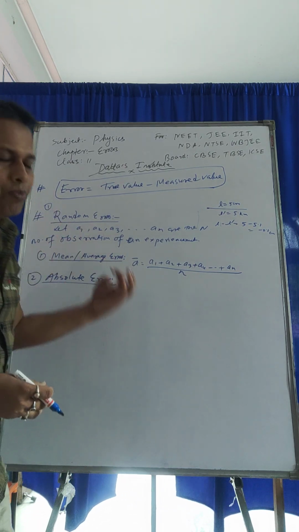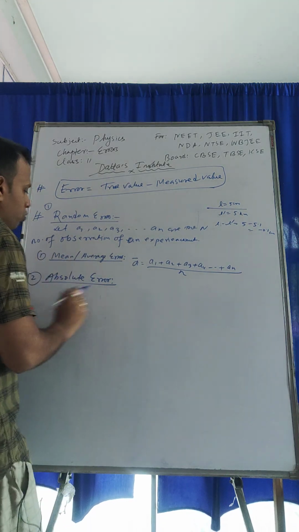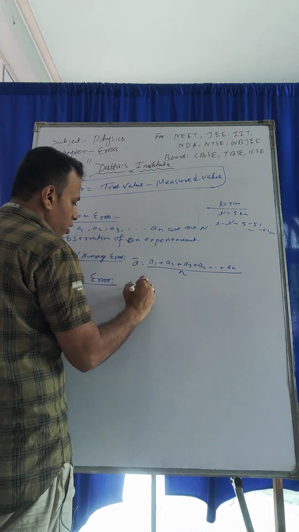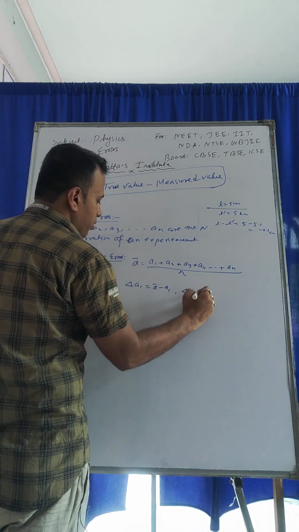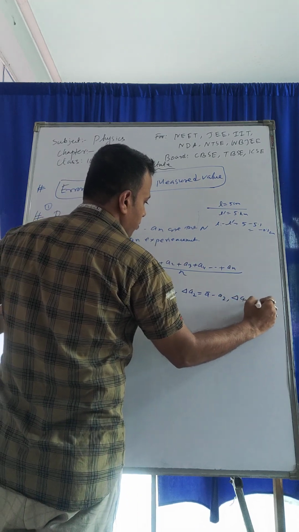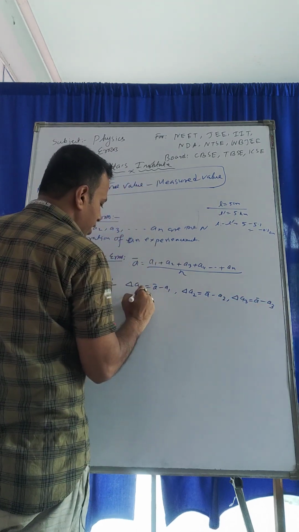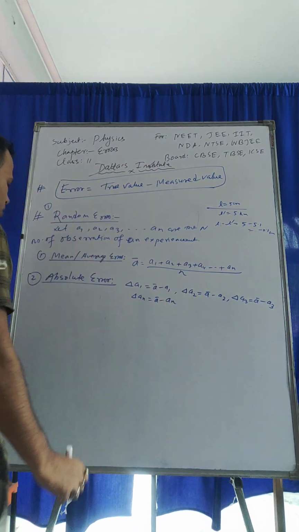So in the first measurement, what is the error? We can calculate like this: del a1 is equal to a bar minus a1. Similarly, in the second experiment, del a2 is a bar minus a2 and del a3 is equal to a bar minus a3, and like that del an is equal to a bar minus an. Got my point?